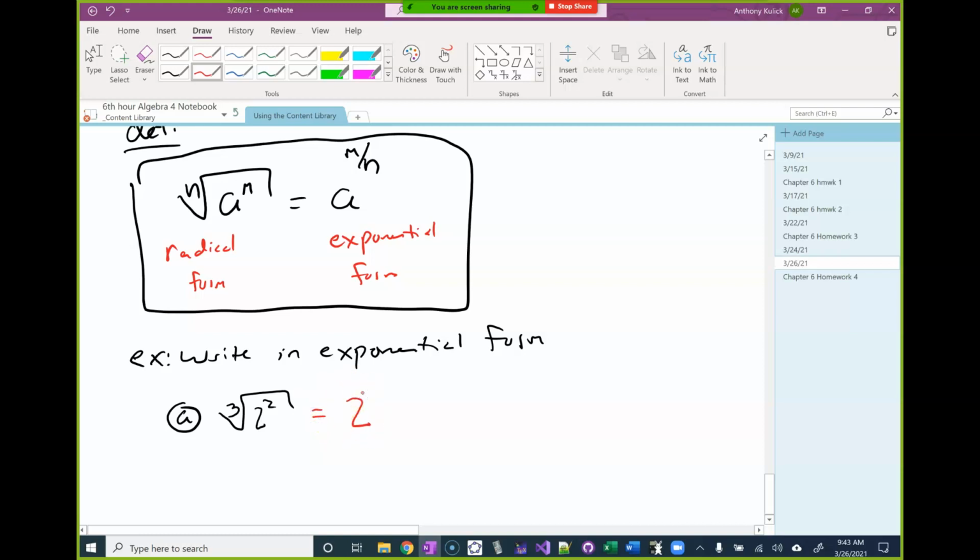The number under the radical is the same as the base for our exponential. The exponent under the radical is the same as the numerator in our exponent. And the index for our radical is the denominator in our exponent. And that's it. We just say that's the same as 2 to the 2/3.